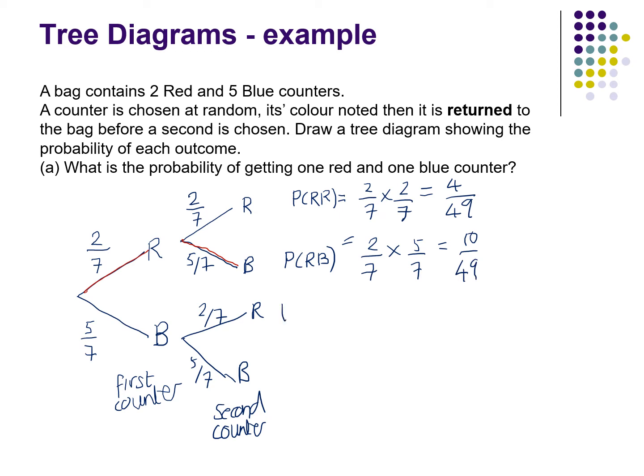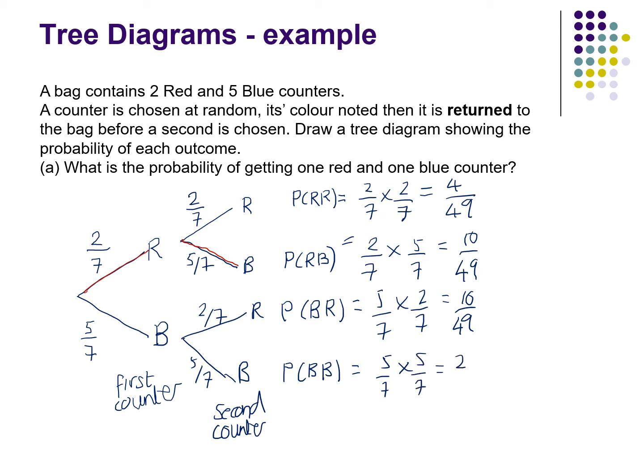Third set is going to be blue first counter, red second counter. So 5/7 times 2/7, again times the top, times the bottom. And then my last one is choosing a blue first counter and a blue second counter, and that's 5/7 times 5/7, 25/49.